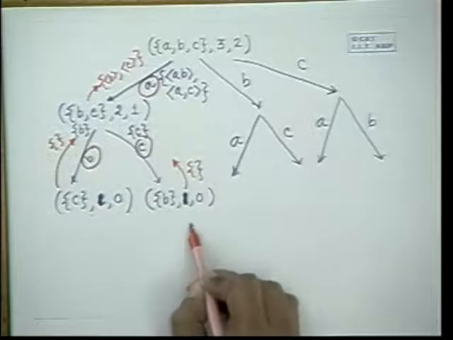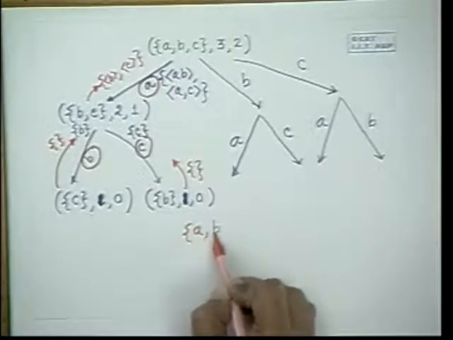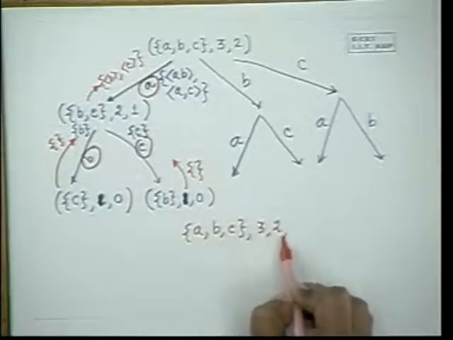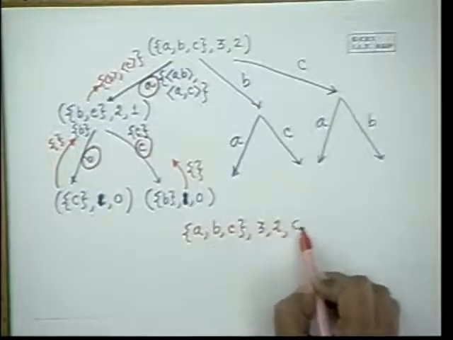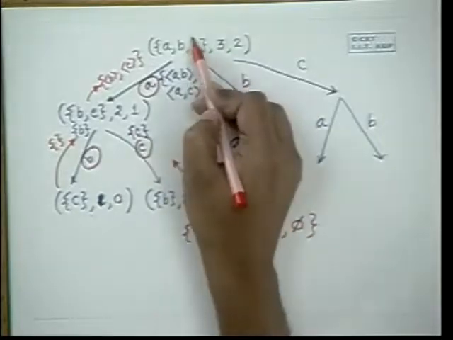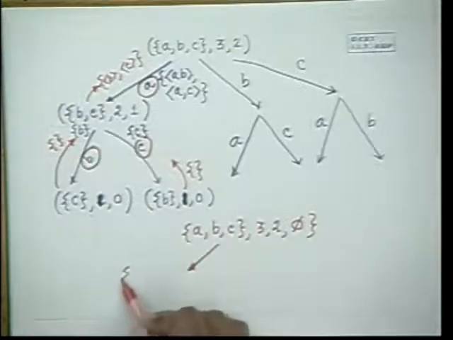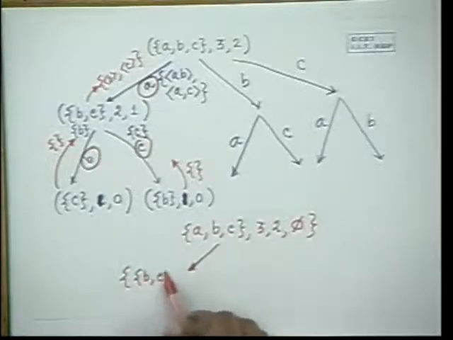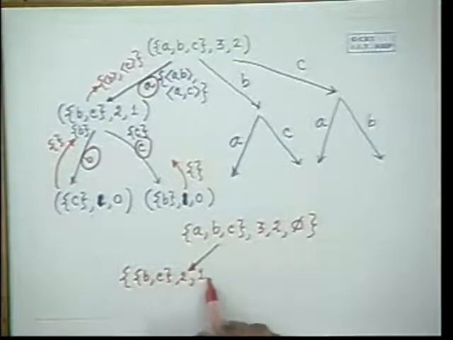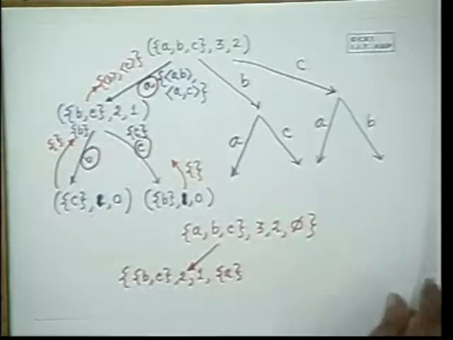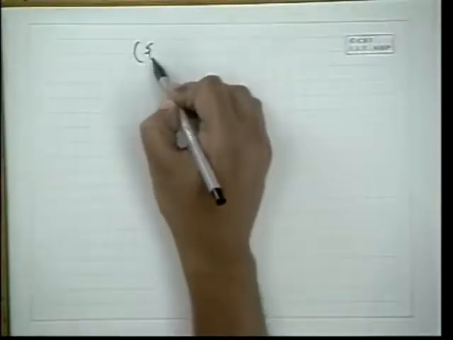That is, when you are calling A, B, C with 3, 2, you call it with null. That is, at this point, up to here, nothing has come. And then when you come here with B, C, 2, 1, what do you do? You store A. So let us see it in slightly more detail, then we will get a better picture of what we are doing.